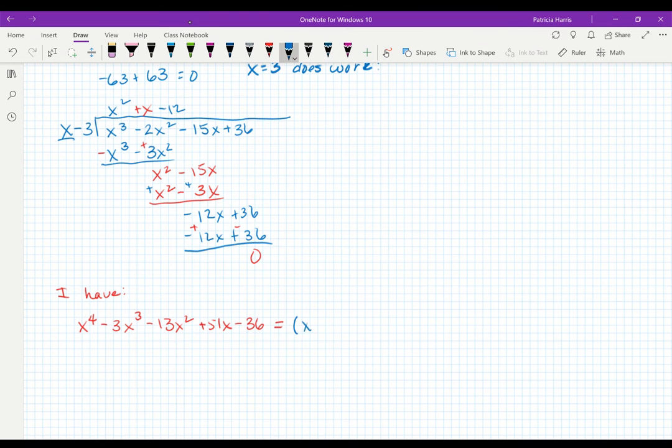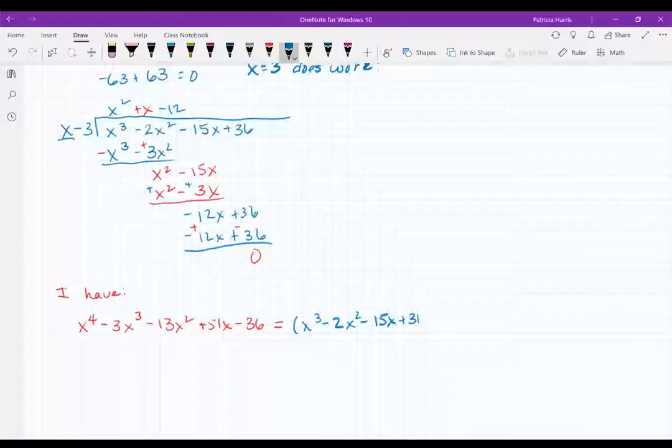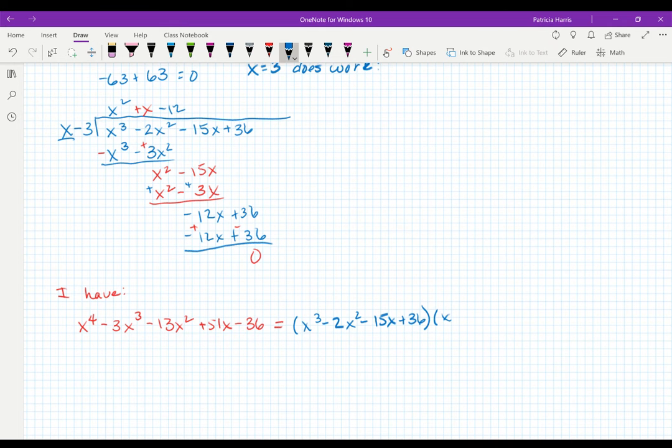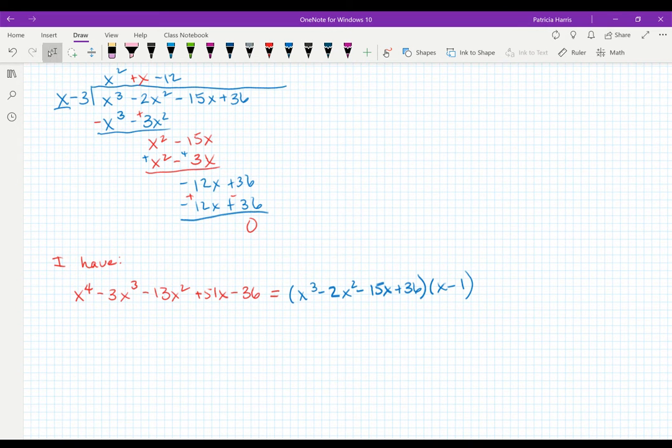So we know that x to the 3rd minus 2x squared minus 15x plus 36 times x minus 1. Then we broke that down, and we got x squared plus x minus 12 is equal to x minus 3 times x minus 1.